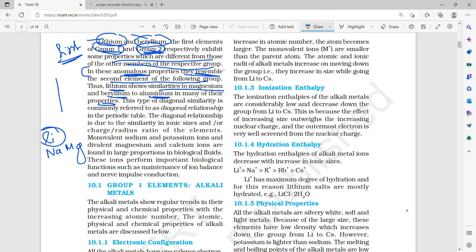Lithium of group 1 resembles in properties magnesium, which is of group 2, and diagonally you can see it's not in the same period, it is in the right adjacent, that is one period down and adjacent group. So lithium shows similarities to magnesium. Similarly, beryllium shows similarities to aluminium.